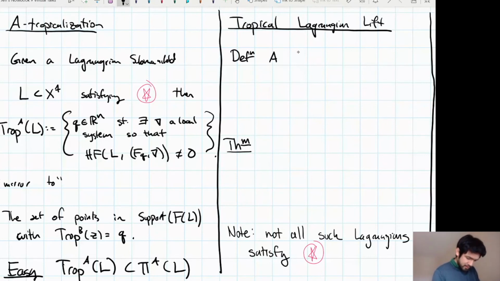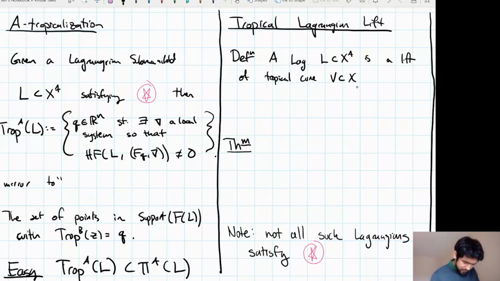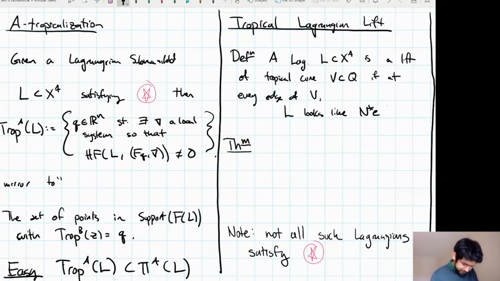Definition: a Lagrangian L inside of XA is a lift of a tropical curve V inside of Q if at every edge of V, the Lagrangian looks like the conormal construction at that edge.